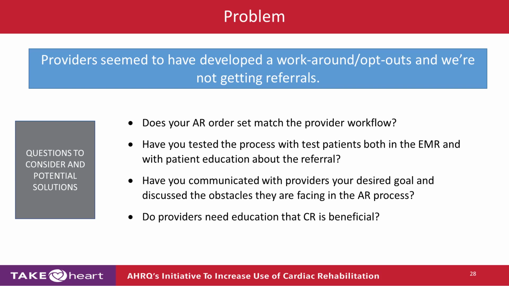The main difference is that with an automatic referral, you are automatically checking yes, this person needs to go to cardiac rehab. And so there is some thought into, again, putting in the qualifying diagnosis or the opt-out, realizing that this patient isn't appropriate for cardiac rehab.